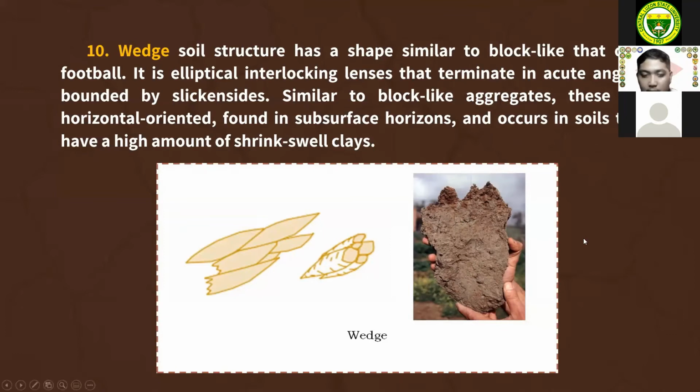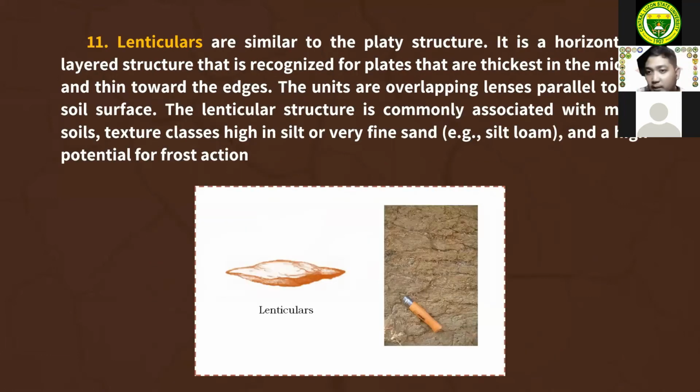Then we have the lenticulars that are similar to Platy structure. It is a horizontally layered structure that is recognized for plates that are thickest in the middle and thin toward the edges. So compared to Platy structure, yung Platy kasi parang plate lang siya, flat. Okay?